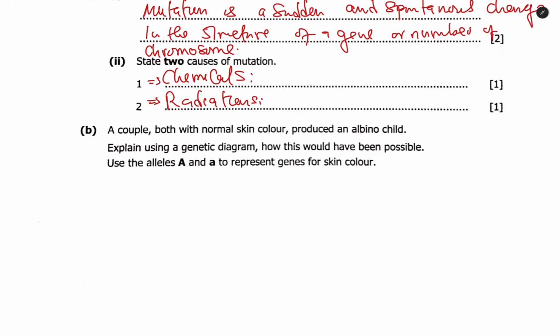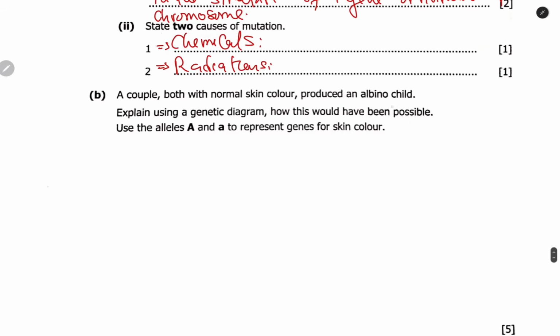So when all are recessive, that is when someone has this condition called albinism. So a couple with normal skin color produced an albino child, which means these were carriers for albinism. So express using the genetic diagram how this would have been possible using the alleles A and small letter a. You know that capital letter A is for dominant, then small letter a is for recessive.